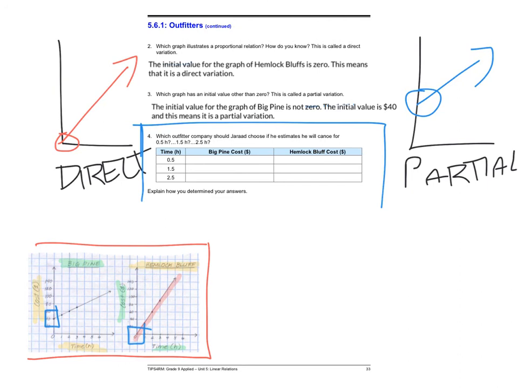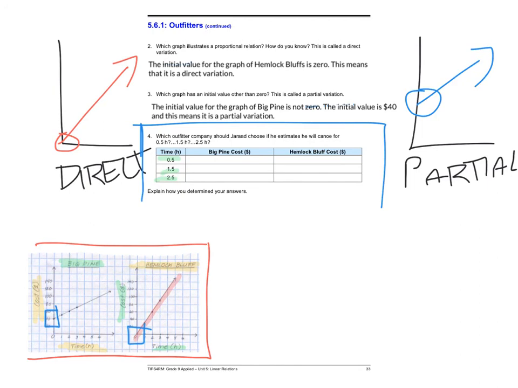It's going to be your job to find the cost for each of these times. So you need to get the cost for 0.5 hours, 1.5 hours, and 2.5 hours, using the same method that we used at the start of this lesson.